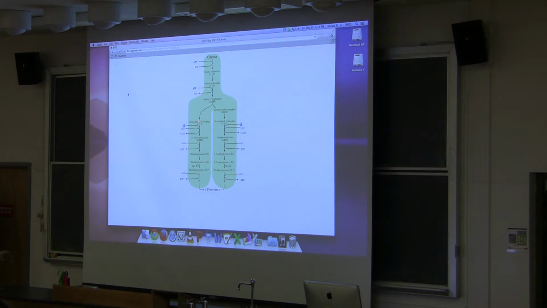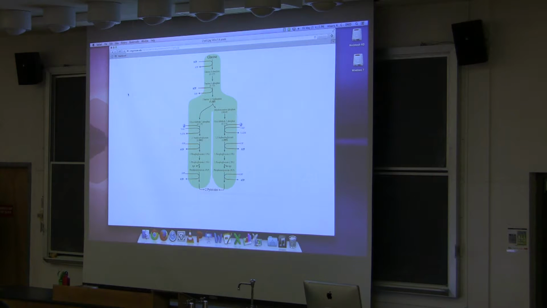The second phase is the energy realization phase. And it's at this point that the energy is realized. You get more energy out in the second phase than you burn in the first phase. So there's a net gain of energy in the process of glycolysis.